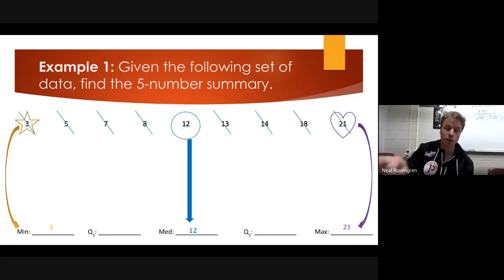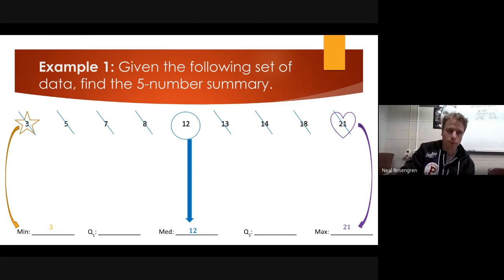I've already used it, because the median is quartile 2. So I've got quartile 1, quartile 2, and quartile 3. If I've already used that middle quartile, that median, as part of my 5-number summary in the middle there, not the min or the max, those are just min and max, I have to drop the median.